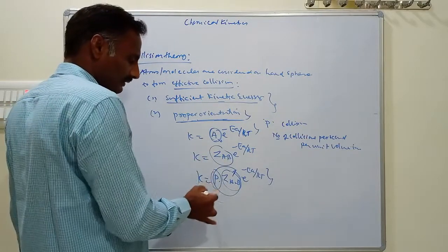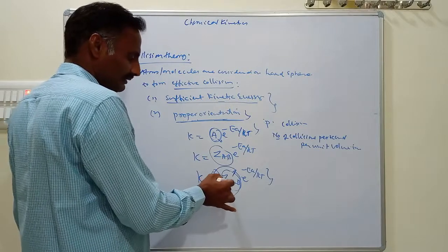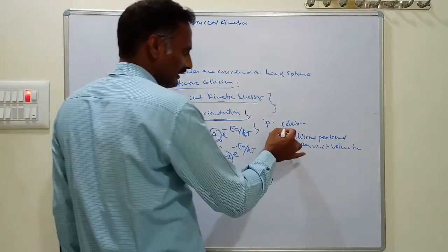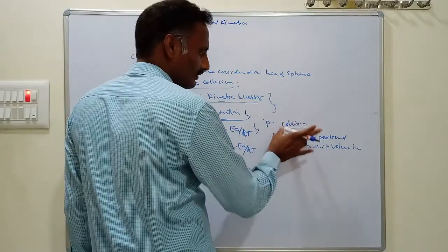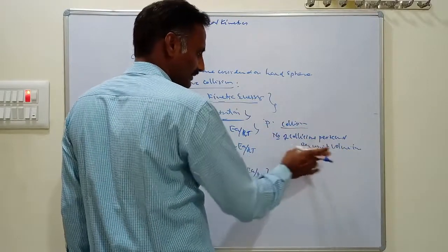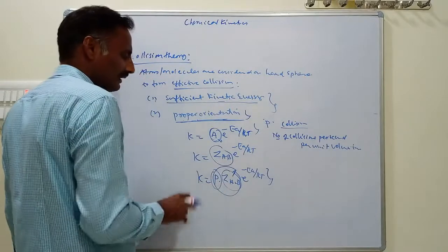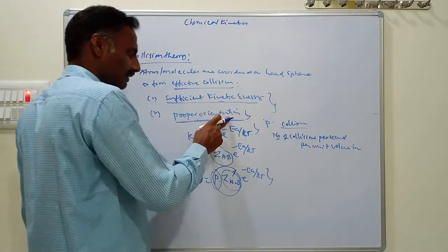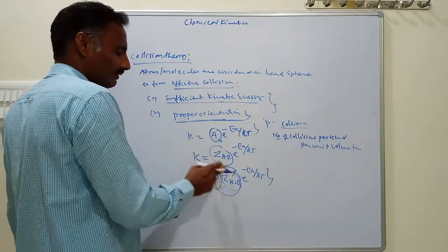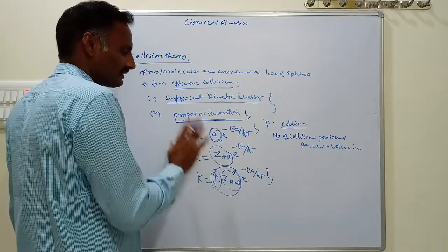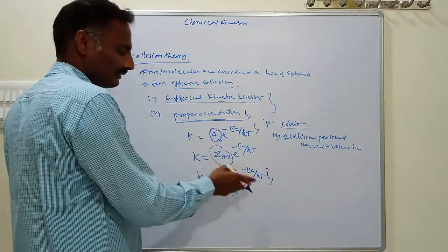This is the importance of e^(-Ea/RT). And there are two factors, the probability factor and the collision frequency. Collision frequency is the number of collisions per second per unit volume of a reaction mixture, and proper orientation of molecules to form effective collisions is called the probability factor. These two factors are important for effective, fruitful collisions.